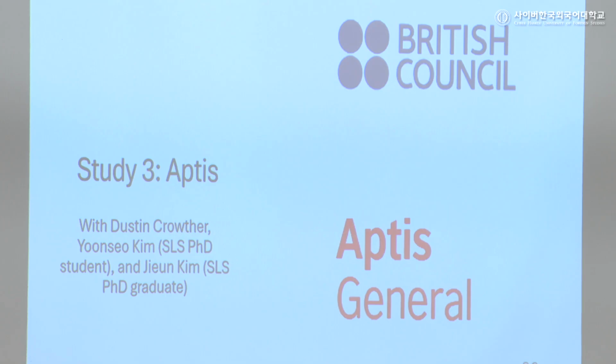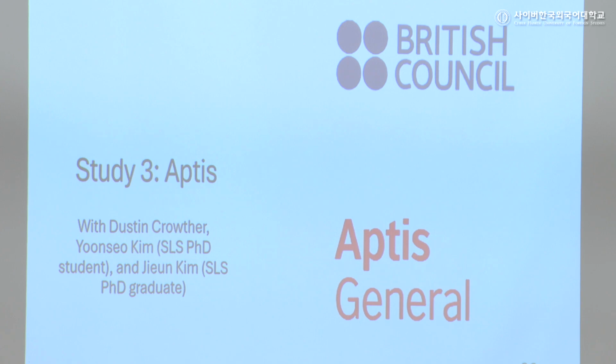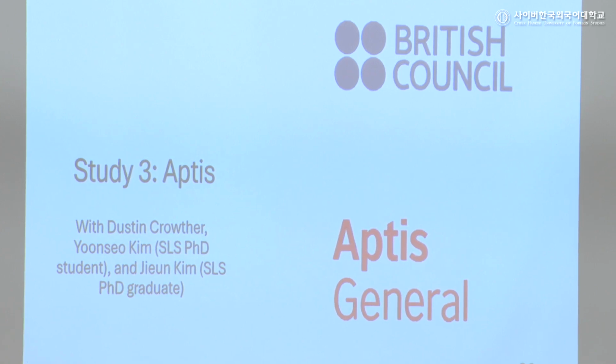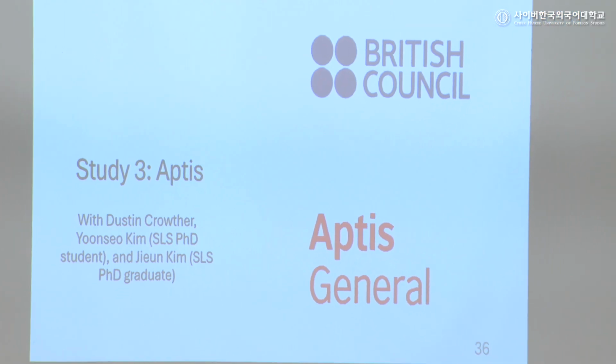All right, so the third study, this is more of a general proficiency test. So we're going to take a bit of a step away from the academic context for a minute. This is a study we did, again, with my colleague Dustin Crowther, also Yoon-So Kim and Ji-Eun Kim, who's here in the room, for the British Council's Aptis test. So this is used in a wide range of contexts.